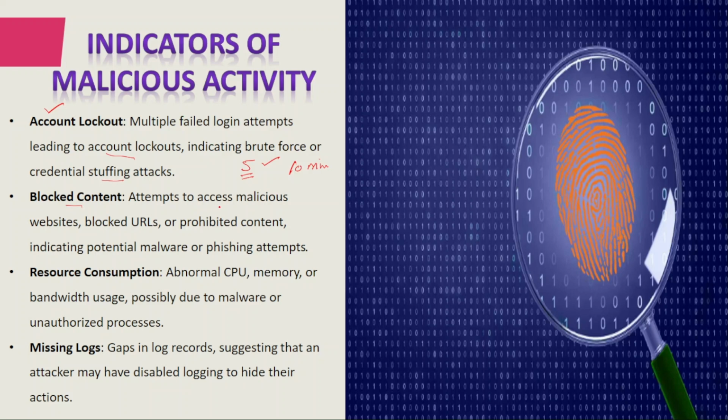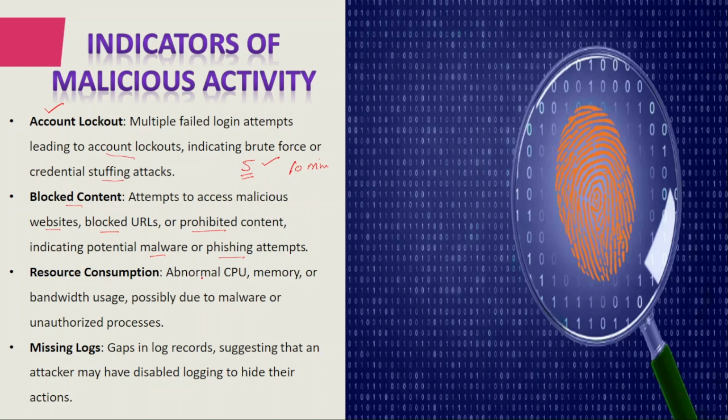Blocked content: attempts to access malicious websites, blocked URLs, or prohibited content, indicating a potential malware or phishing attempt. If there is an attempt from your network to access blocked or malicious websites, it means that malware or phishing attempts are going on inside your network.